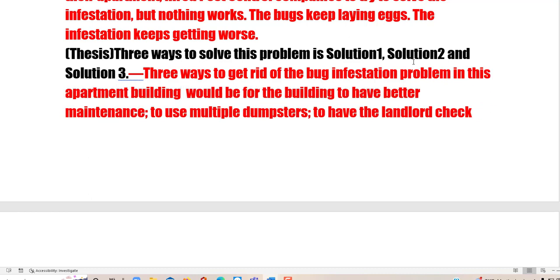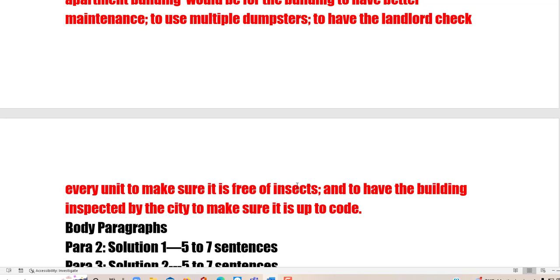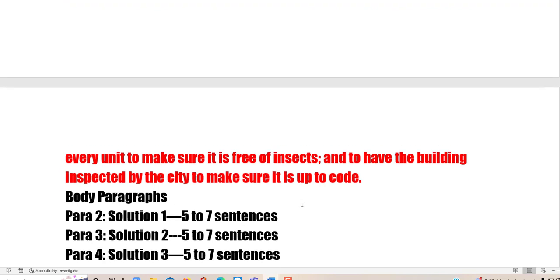Would be for the building to have better maintenance, to use multiple dumpsters, to have the landlord check every unit to make sure it is free of bugs.